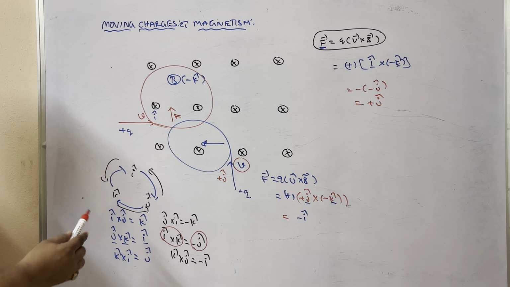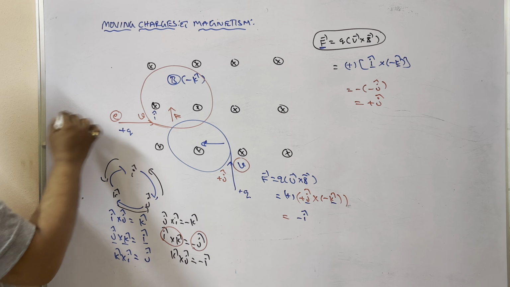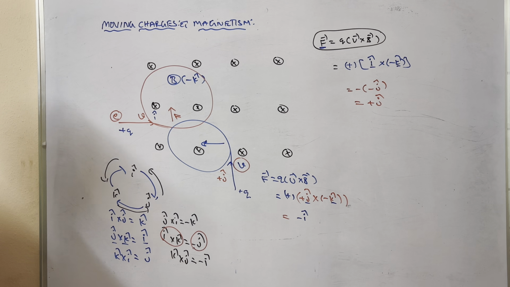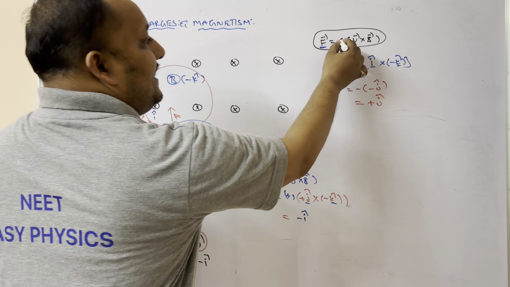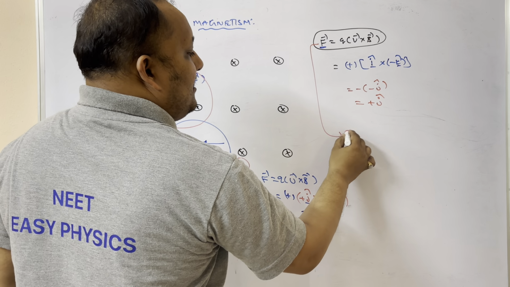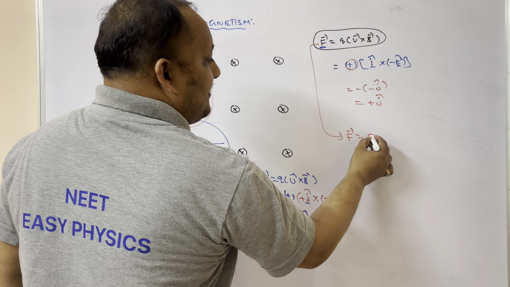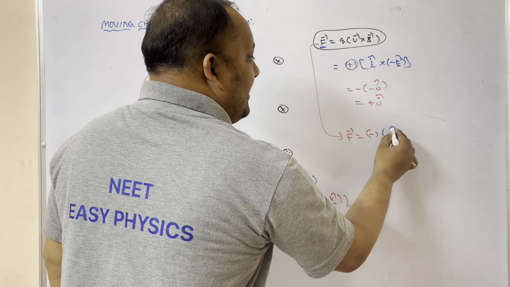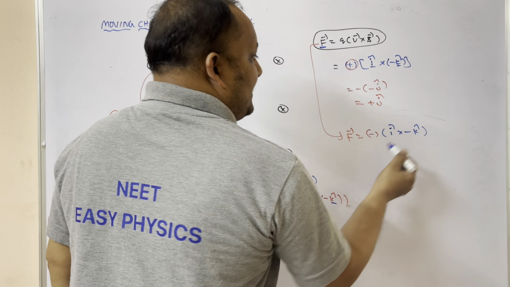The same question they may give, an electron entering. Whenever they give an electron, what charge does the electron have? Negative charge. Therefore, in this formula F bar is equal to, remaining all are the same, but here you will get a minus in front, and inside I cap cross minus K cap.